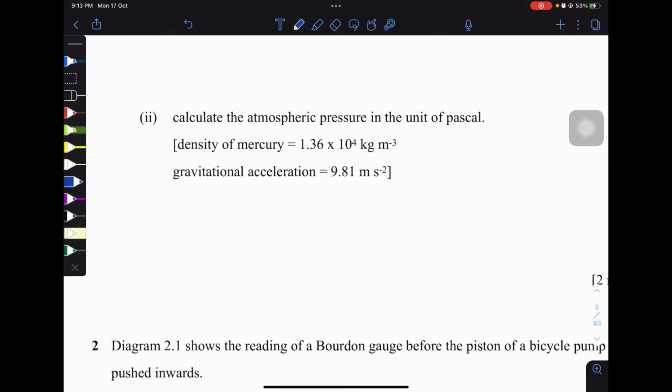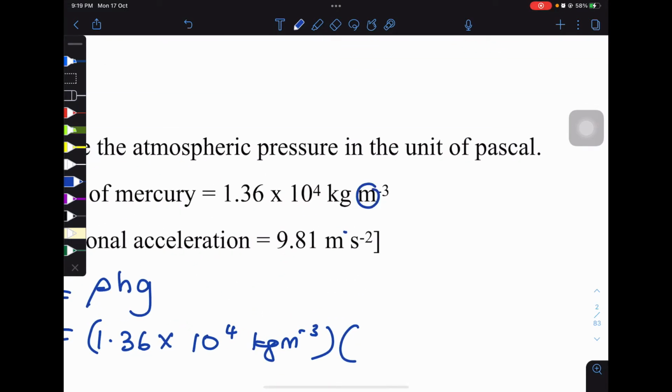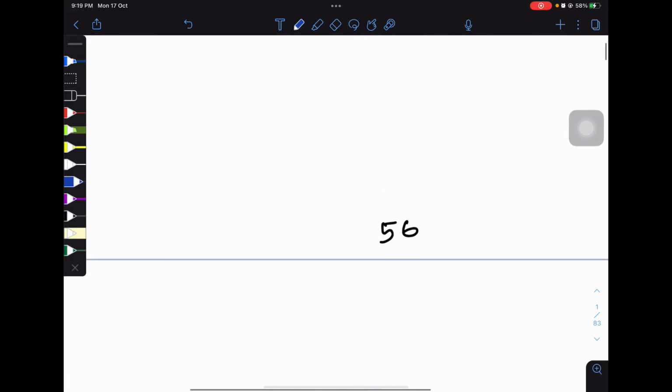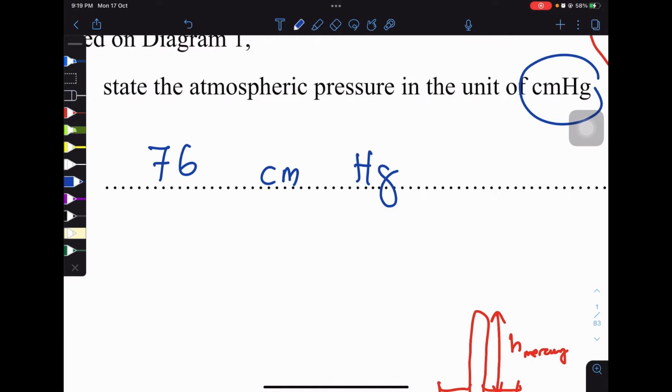We know the formula, pressure equals rho h g. Rho is 1.36 times 10 to the power 4, substitute, kg per meter cubed. This one is the trick. You need meters, but this one is centimeters.